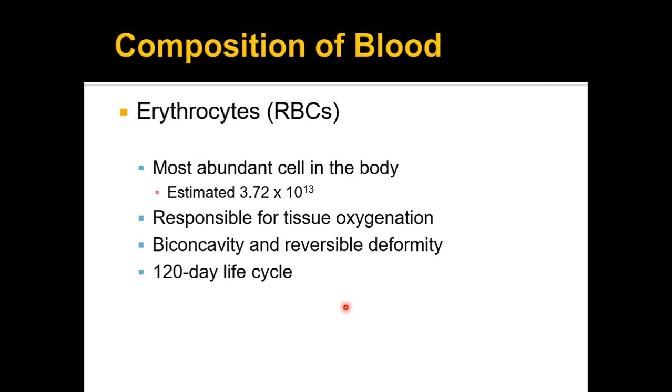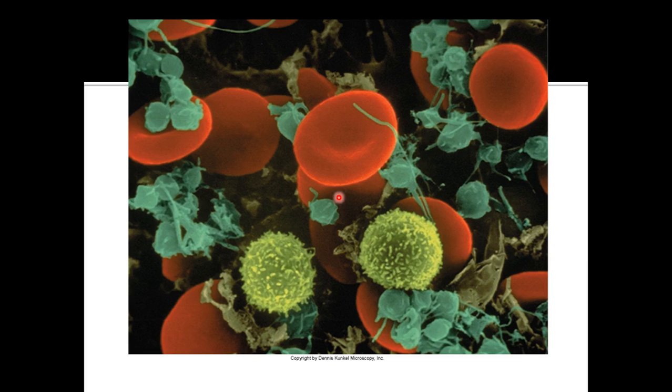So looking at this scanning electron micrograph, we've got a red blood cell here right in the center, and we can see this biconcave disc. So it's kind of flat, pancake-ish, but it has this divot on either side of it.